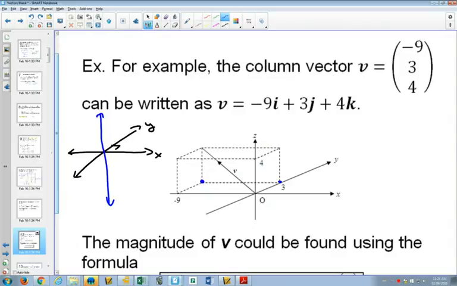Then however much it is to go up 4, you go up that same distance there. And then you have your vector that starts at your origin and goes to -9, 3, 4. Can you see it?